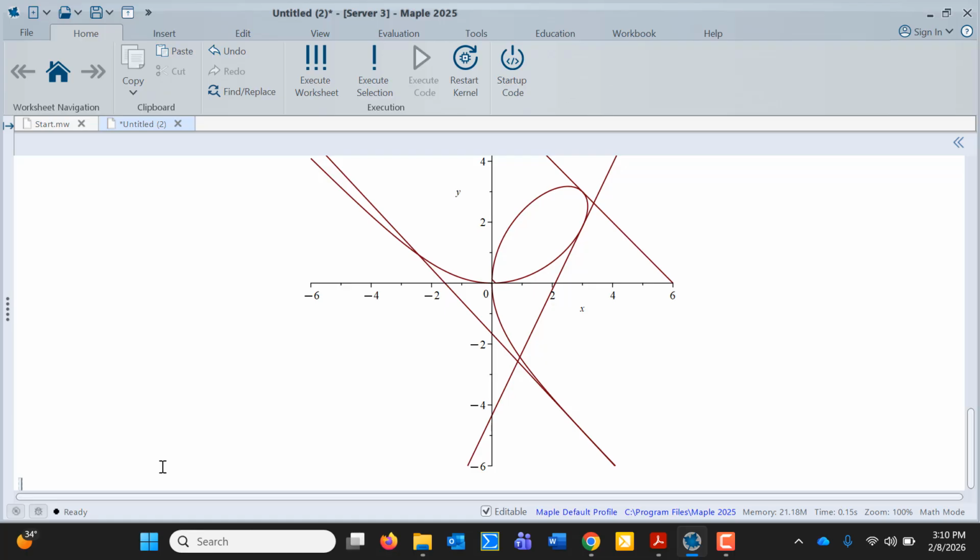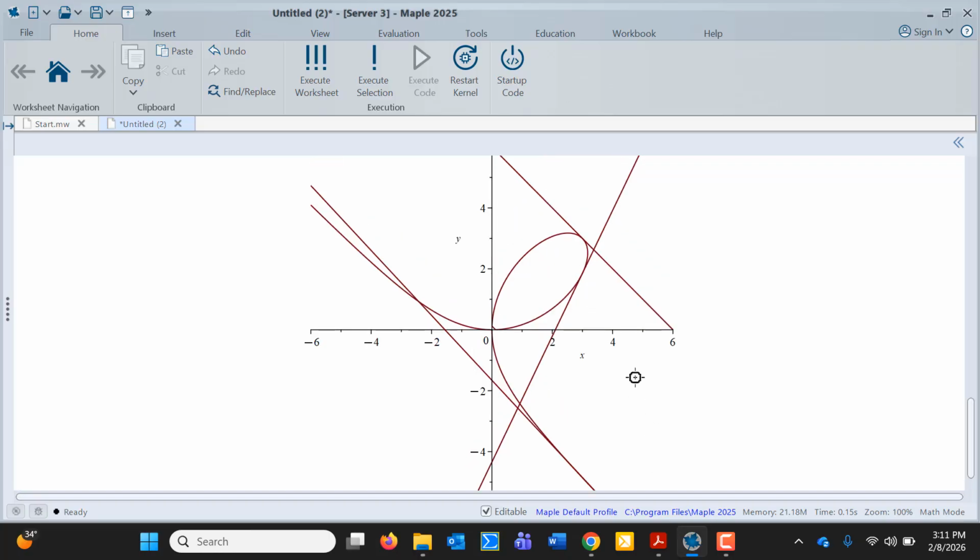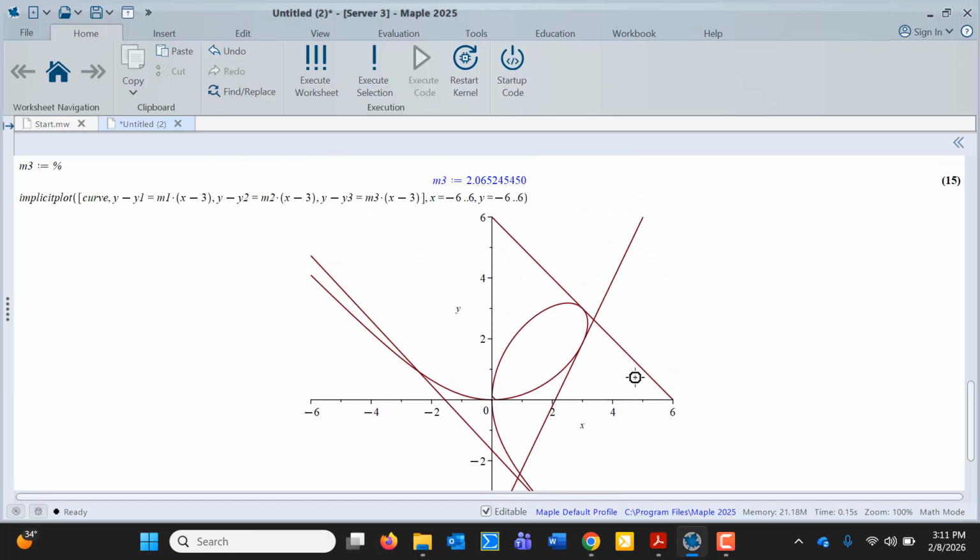There we go. So here's our curly Q. Here's one tangent line at 3, another tangent line at 3, and then another tangent line down here at this 3. All right, and again, you could definitely change some colors here if you like. It's totally up to you.